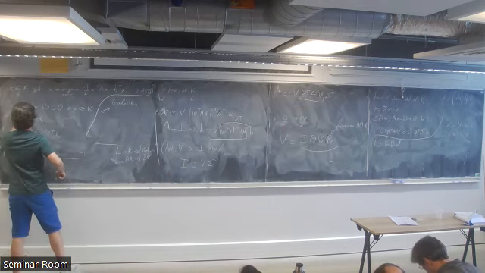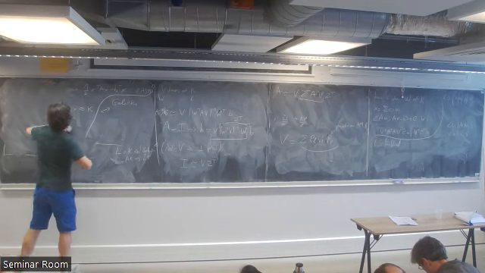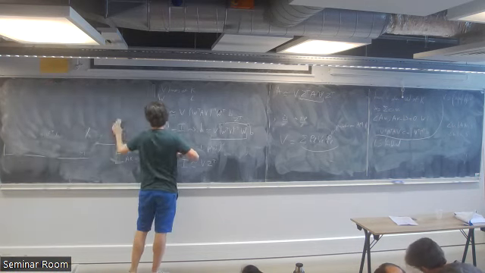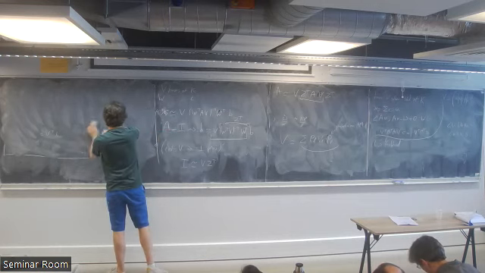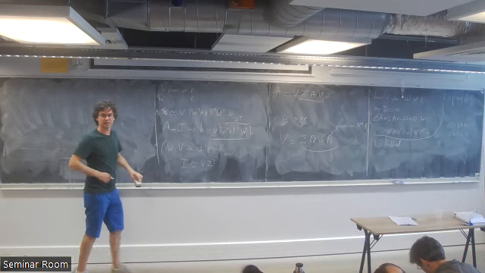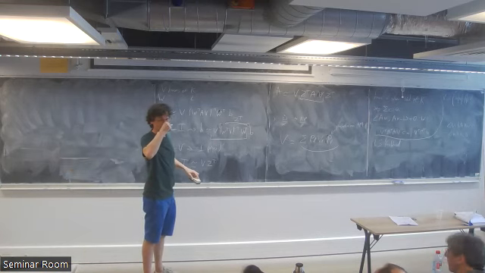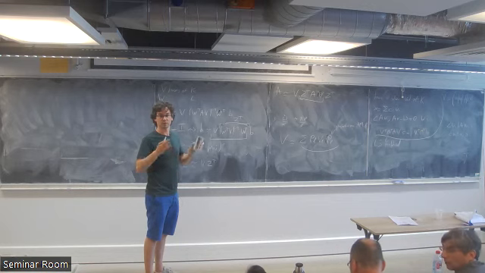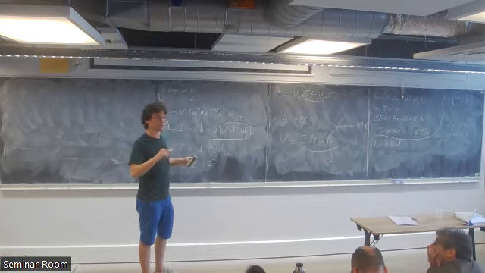But I want to talk about linear problems in the sense of how do we solve AX equals B on a computer. I like AX equals B because it's where you can do things in the most general way and in the simplest way.